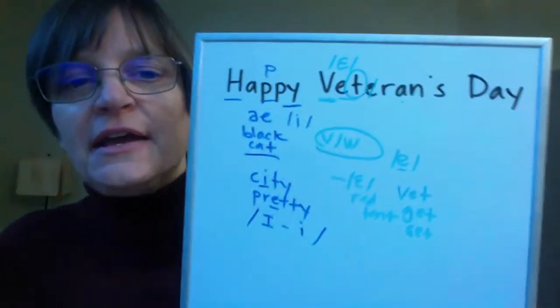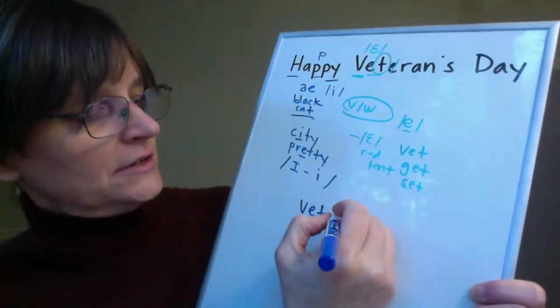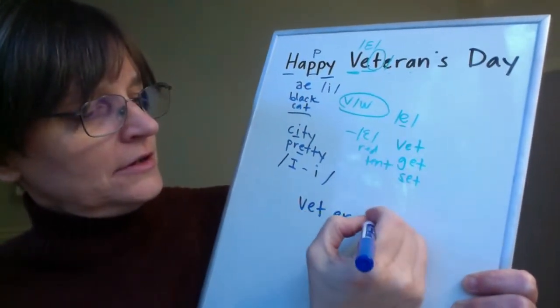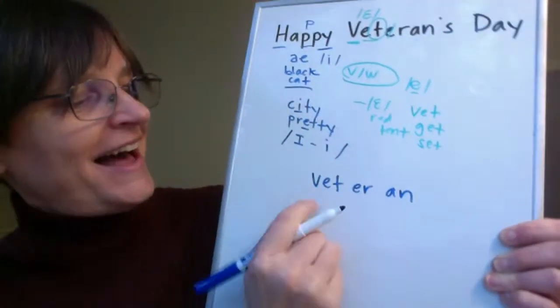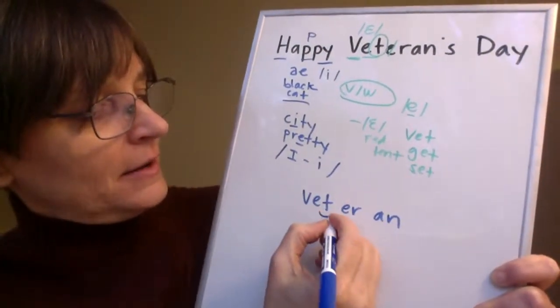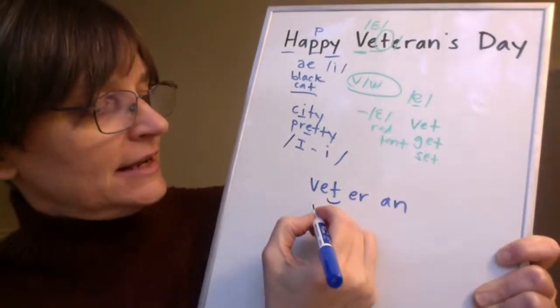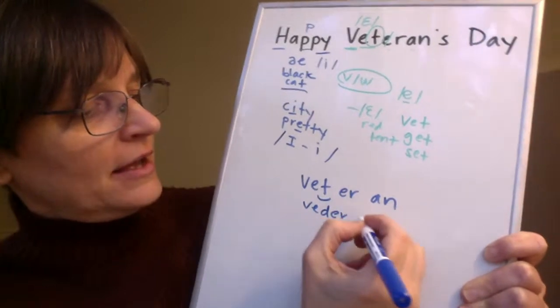Okay, let's go back to looking at our word Veterans Day. So for that T sound, if I'm saying it as 3 syllables, I actually wouldn't say the T. So if I'm saying it as veteran, then my T is between 2 vowels and it sounds more like a D, in which case I'd say it more like veteran.